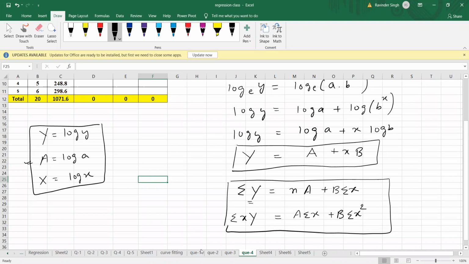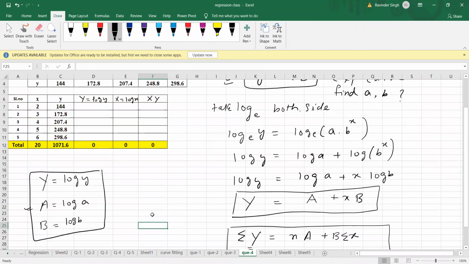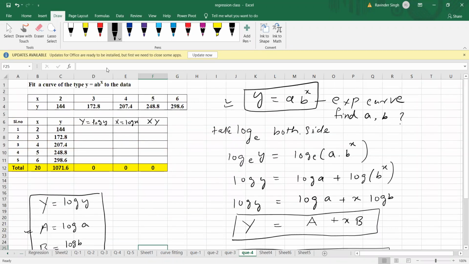Okay, so the substitution will also change. Capital A will be log A, it remains, and here capital B will become log B, right? So here your small x will be written as small x only, and this will be small x into capital Y. Now we are done with that.